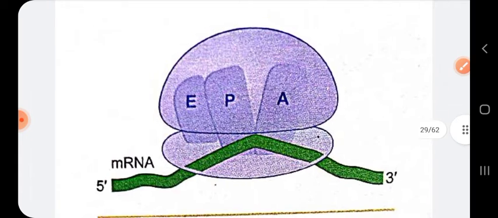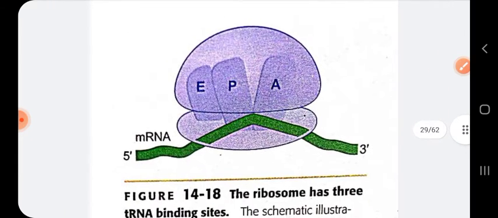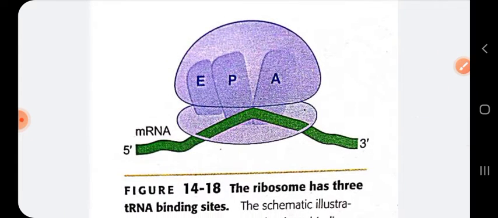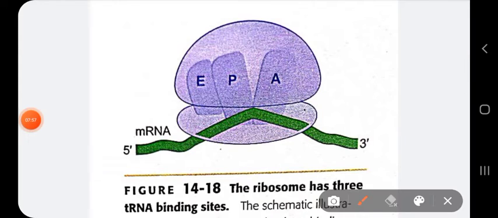Now, one more thing I wish to say when I begin the process of translation is that the ribosome has three sites where it recruits the factors and the tRNA.